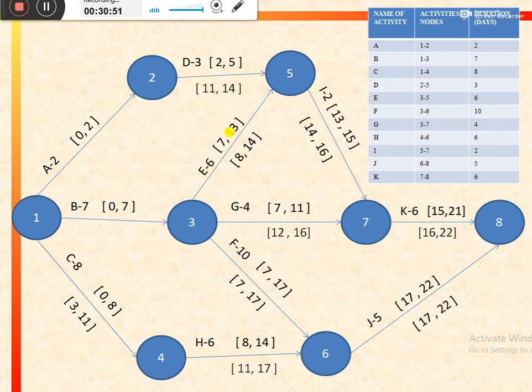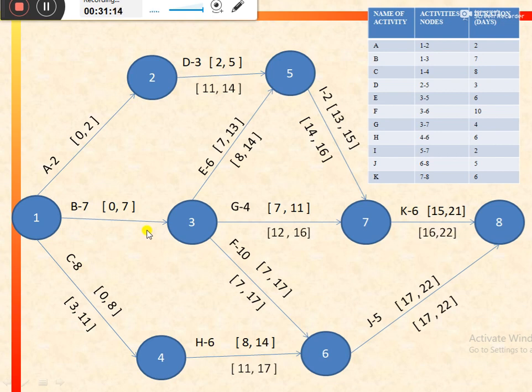Because latest start for activity E is 8, latest start for activity G is 12, and latest start for activity F is 7. So we should consider which one? We would consider the minimum latest start time of the successor activities. So minimum is 7. So we would consider 7 as the latest finish time for activity B.